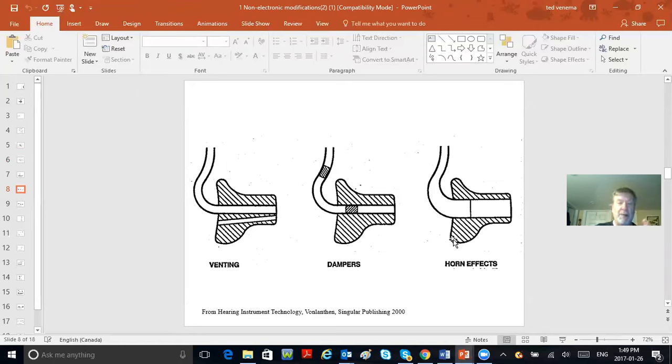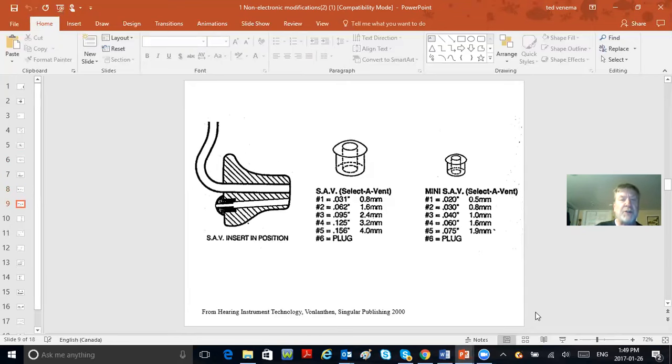Remember, we're talking old hearing aids or BTEs that use number 13 tubing. We're really not talking RICs here very much, except when it comes to venting. Venting especially is the most important non-acoustic, non-electronic modification. And venting comes with selective vents. You can make the hole larger or smaller by plugging it.